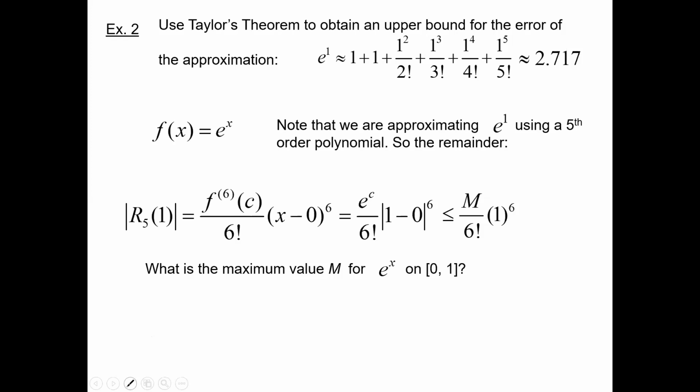Let me switch over for just a minute to my iPad here and go to my whiteboard, and see if you can see that. Okay. All right, so here's what you want to think about. If I were to graph the function e to the x, your basic exponential function, and we're only concerned with the interval from 0 to 1, so from here to maybe right here.